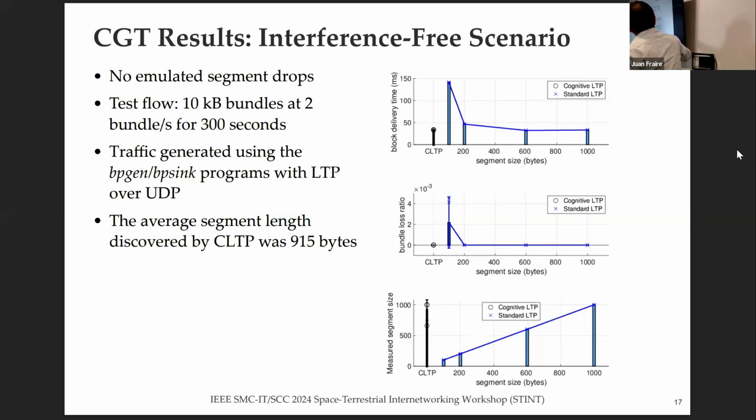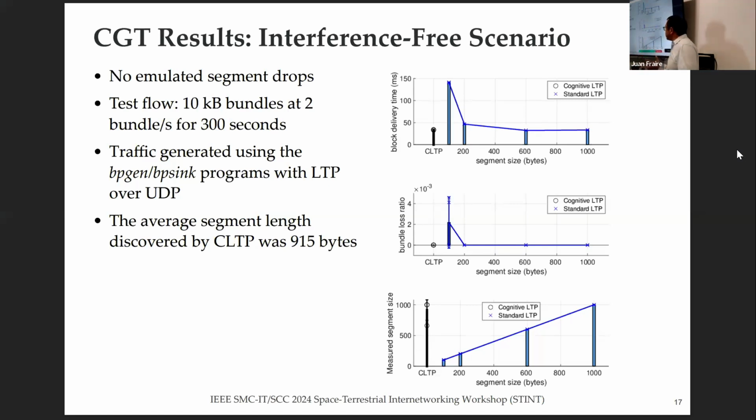So what we see here are results for the interference-free scenario. And we observe that the segment size that our method discovered was around 1,000. And for this scenario, for the radios, there was a limitation on the MTU.